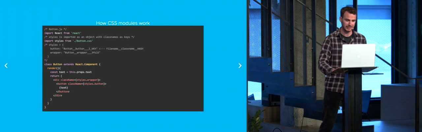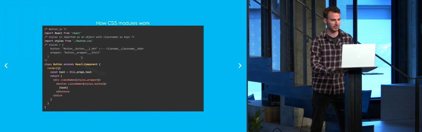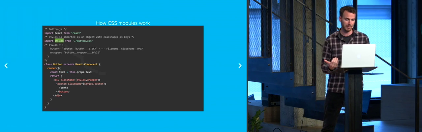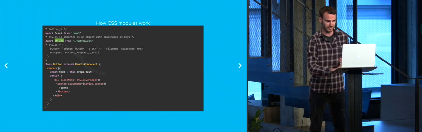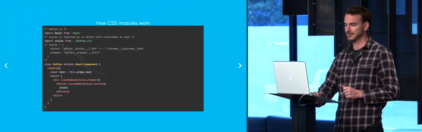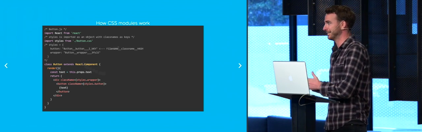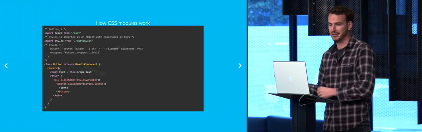What that actually will do is when the CSS is imported, Webpack and CSS modules will take those classes, the button and wrapper class, and rewrite them based off the file name. You can customize how you actually want the syntax to be.